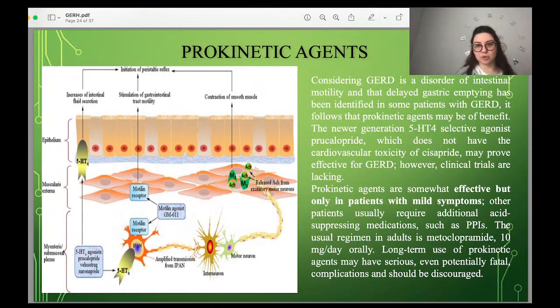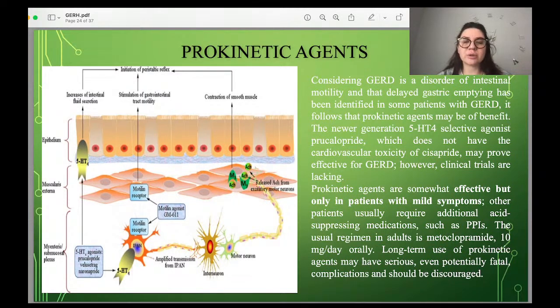Next group that can be used in gastroesophageal reflux disease is prokinetic agents. They affect the intestinal motility that can be delayed. Delayed gastric emptying has been identified in some patients with gastroesophageal reflux disease. It follows that prokinetic agents may be of benefit in such patients.